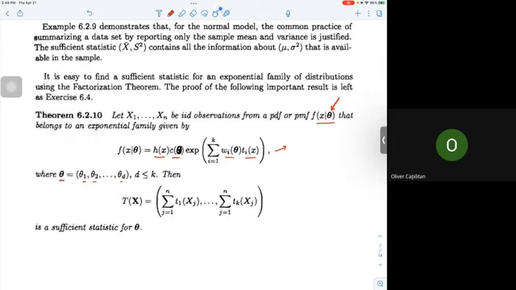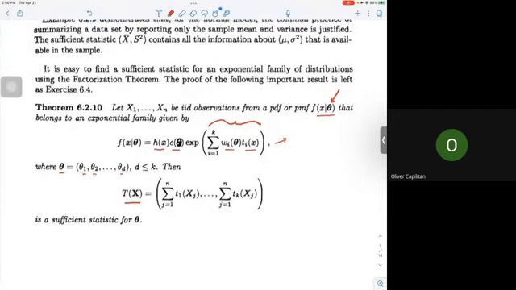So in other words, we have k terms here. And the number of unknown parameters that we have, d, should be less than or equal to k. Then the sufficient statistic, according to this theorem, is also a vector of statistics. We have the summation of t sub 1 of x sub j, j from 1 up to n, and so on, is a sufficient statistic for theta.